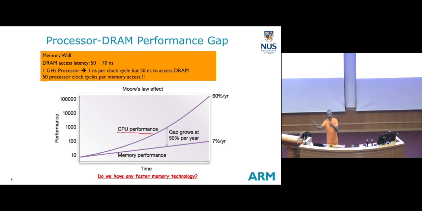When I fetch an instruction, I can execute it very fast, but then I take a long time to get my data and a long time to update my data in the memory where everything is stored. So there's always this performance gap between what the processor is able to do and how fast your memory is able to keep up with the speed of the processor.